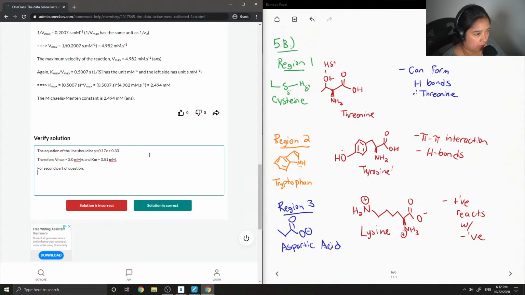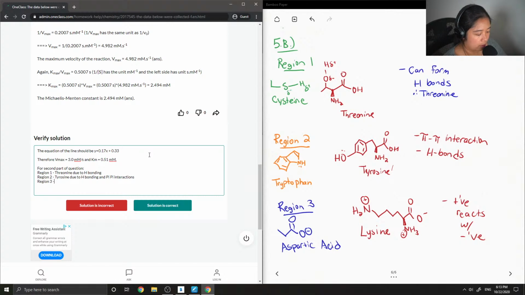For the second part of the question, region 1, threonine, due to H bonding. Region 2, tyrosine, due to H bonding and pi-pi interactions.